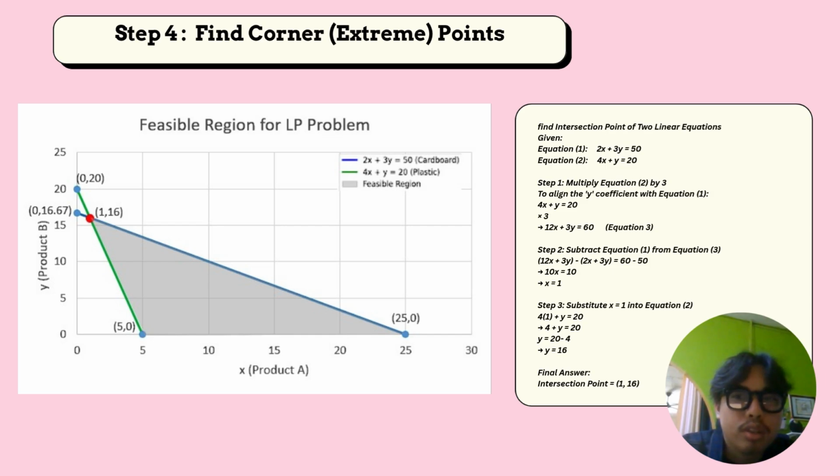On the graph, we also identified two more corner points: (5, 0), where the green line intersects the x-axis, and another one (25, 0), where the blue line intersects the x-axis. So there are three corner points, which are (1, 16), (5, 0), and (25, 0).